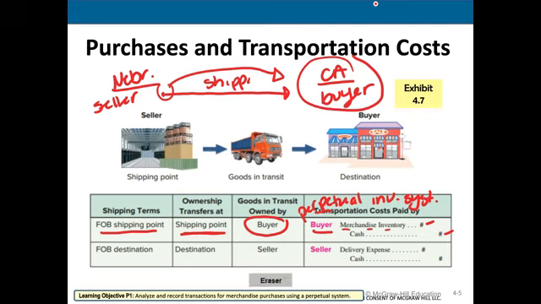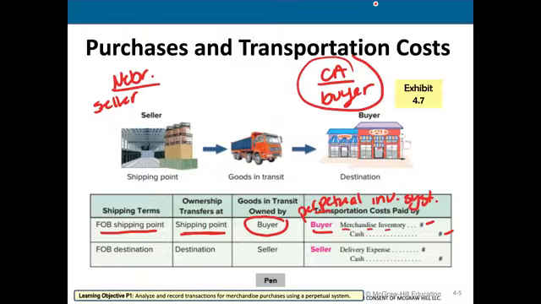Now, if I'm going to erase all this, right? Now, if my shipping terms say FOB destination, then the ownership transfers once the inventory gets to its destination point, which in this situation is in California.